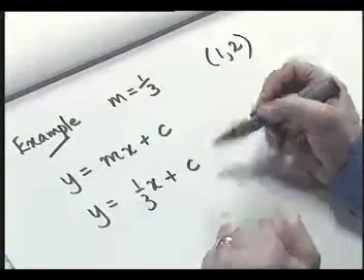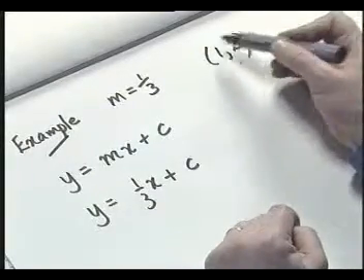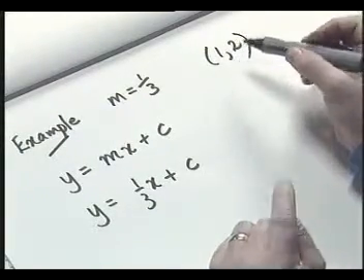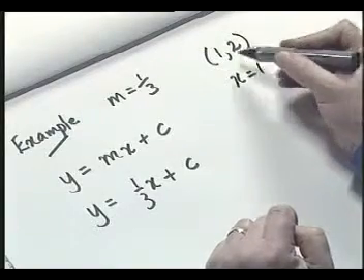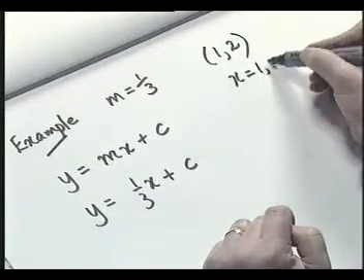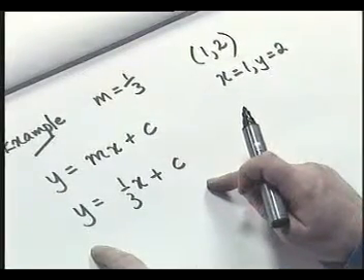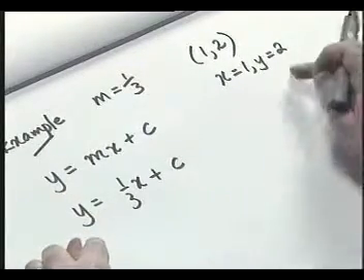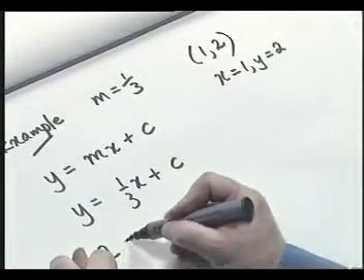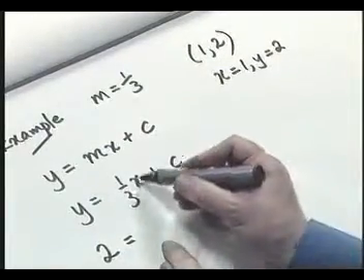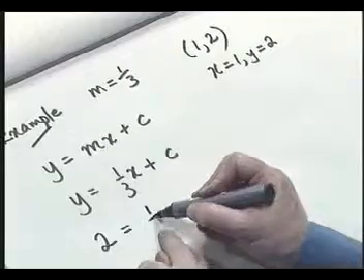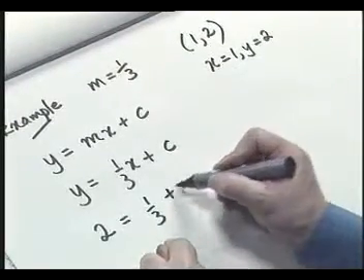But what we do know is that the line passes through this point. What that means is that when x is 1, y has the value 2. And we can use that information in this equation. So we're going to put y is 2 in, x as 1 in, and a third times 1 is just a third, plus c.